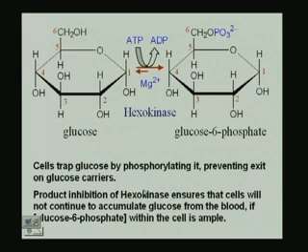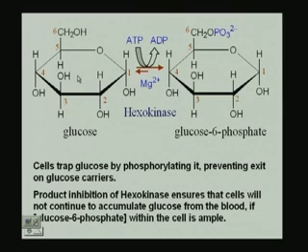Fine. So, the product inhibition of hexokinase ensures that cells will not continue to accumulate glucose from the blood if glucose 6-phosphate within the cell is in sufficient quantity. Because once your glucose 6-phosphate is in sufficient quantity, it means that this can continue in the glycolytic steps.